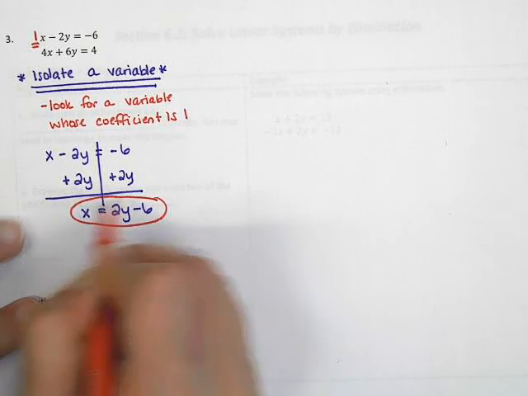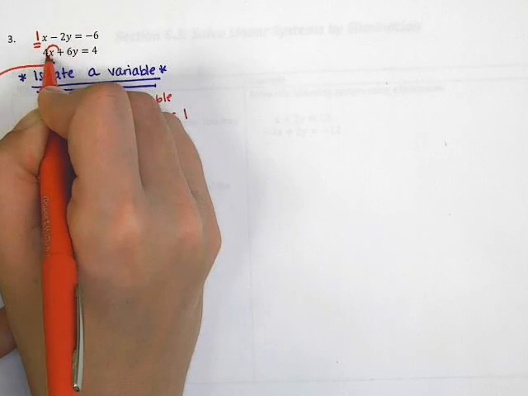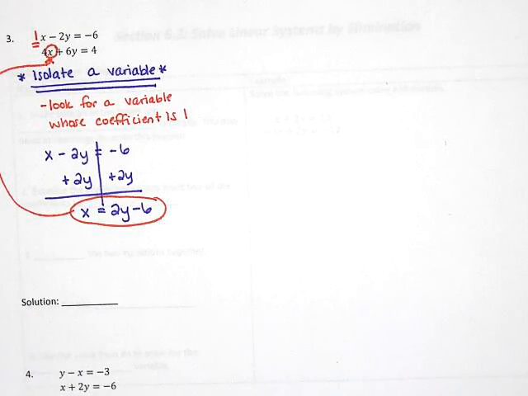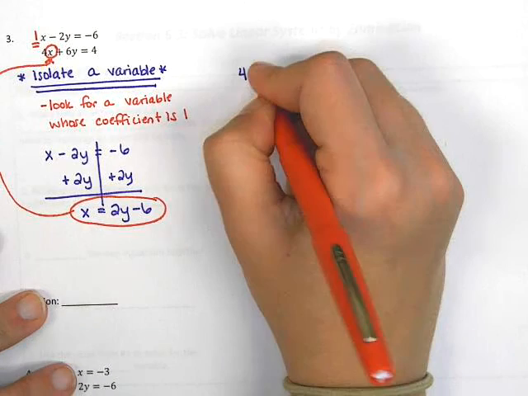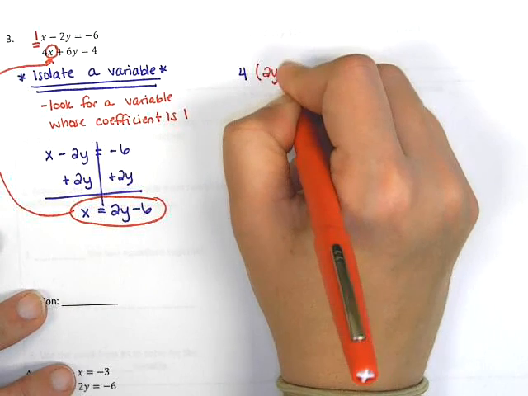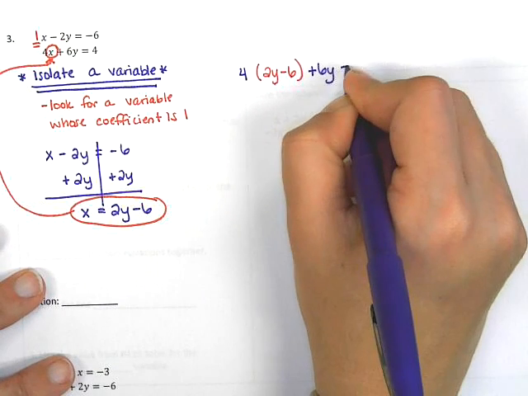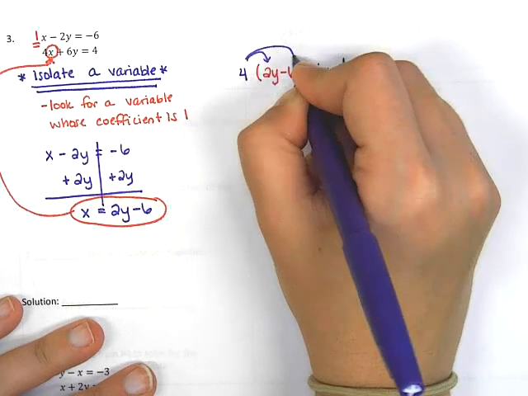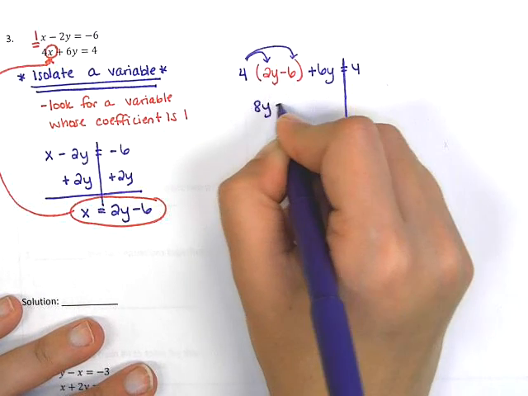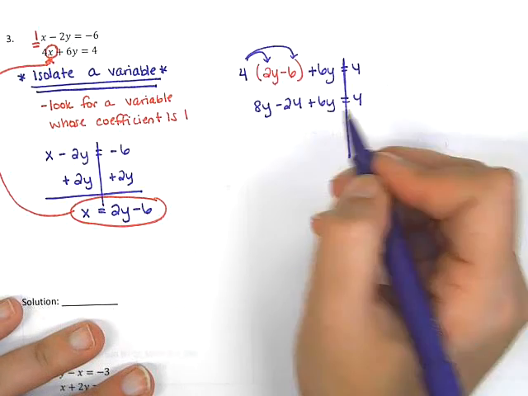So if this is what x is equal to, I'm going to plug it into the other equation instead of the x, which means I'm going to have 4 times (2y minus 6) plus 6y equals 4. I'm going to distribute the 4, so I get 8y minus 24 plus 6y equals 4.